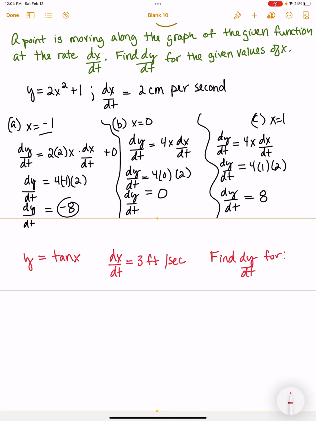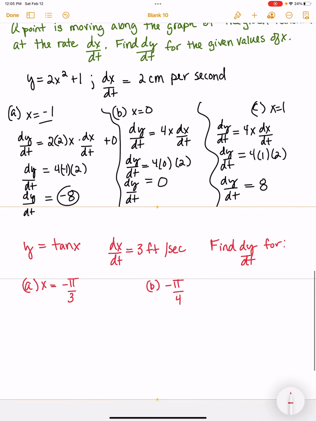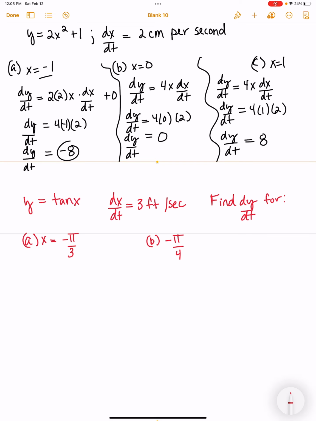Let's do a: x equals -pi/3, and b, I'm going to need more room on this, -pi/4, because I want to show you something. Okay, so we have our function.